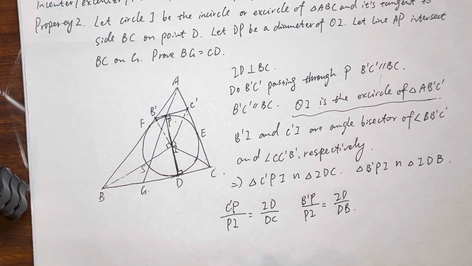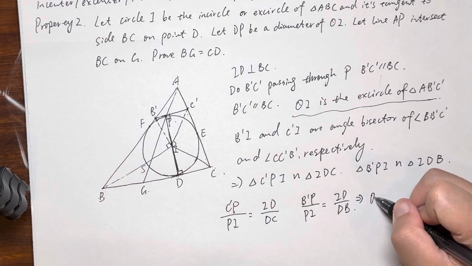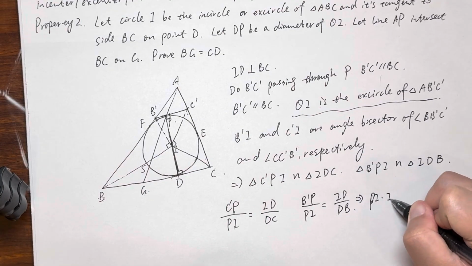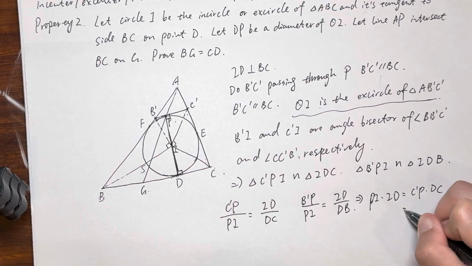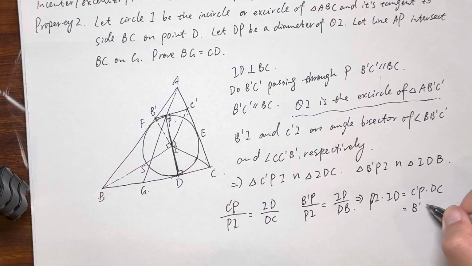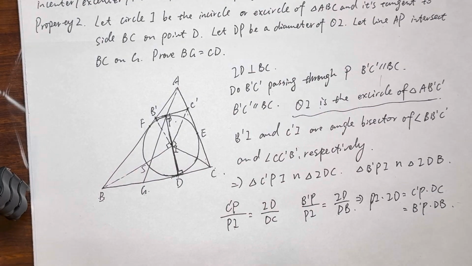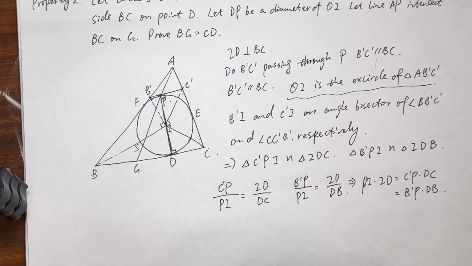Which means PI times ID equals C prime P times DC equals B prime P times DB. Right, we get this.